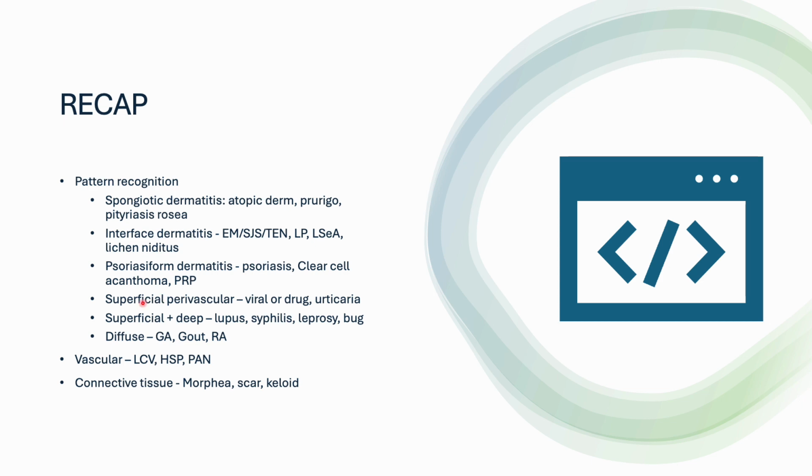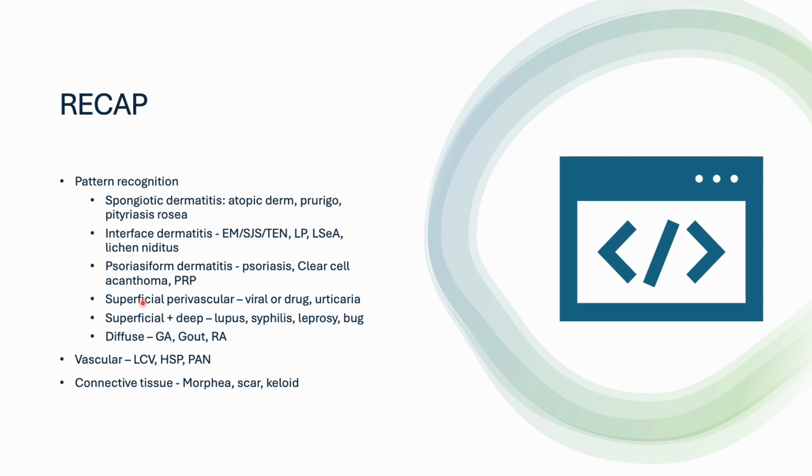In the superficial perivascular disorders, in a younger individual, we think it's mostly viral. If it is an older individual with abundant eosinophils, it's probably a drug reaction. If you see neutrophils inside the blood vessel, outside the blood vessel, in the interstitium with a superficial perivascular distribution, we think urticaria.